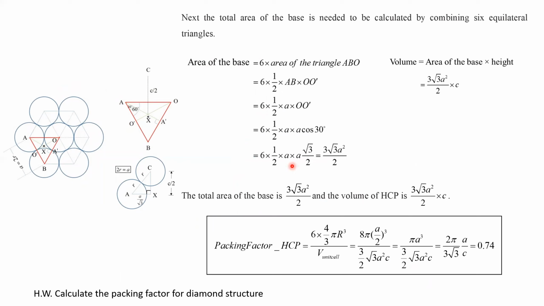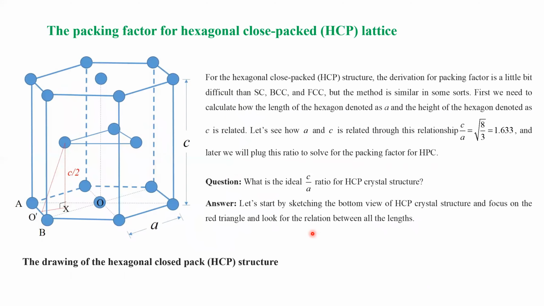And then now, for packing factor, remember, we have to know how many atoms, right? How many atoms in the unit cell. Go back again. 3 inside, we have 3 for sure, right?